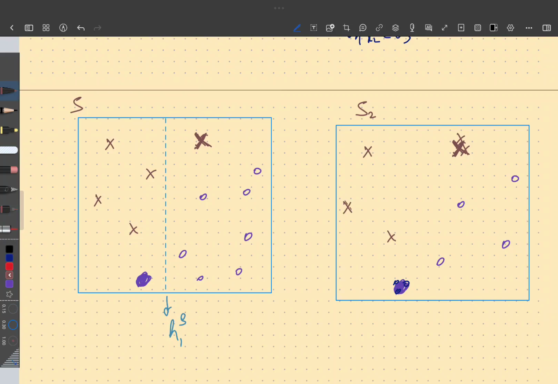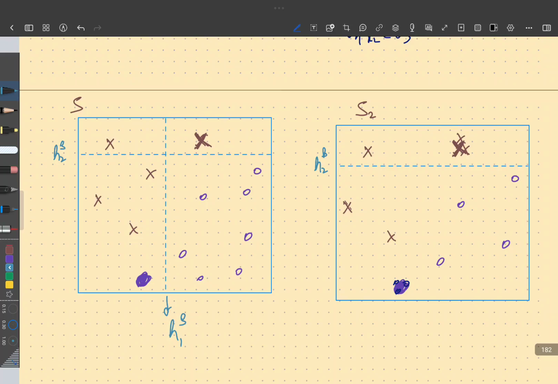So now I use ERM once again, and maybe the new predictor that I get is, say, this. This is my H2B. Let me also draw this H2B in this global view.